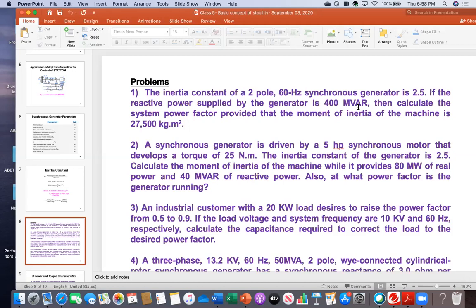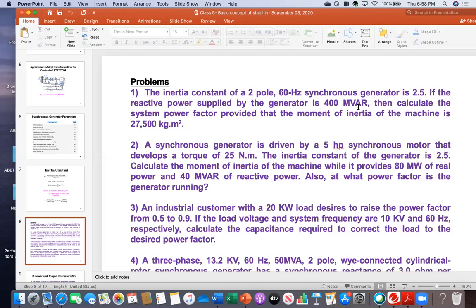The synchronous motor is the prime mover for the generator, meaning the synchronous motor shaft is the same shaft as the synchronous generator. You need to know the shaft speed in RPM. So you have to make a relationship between horsepower, torque and the speed.